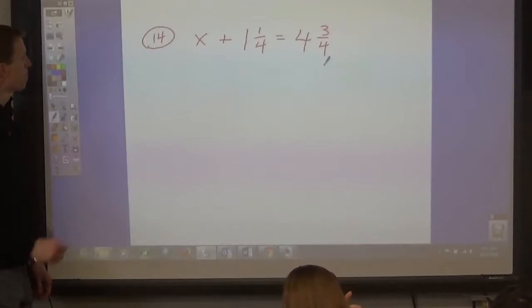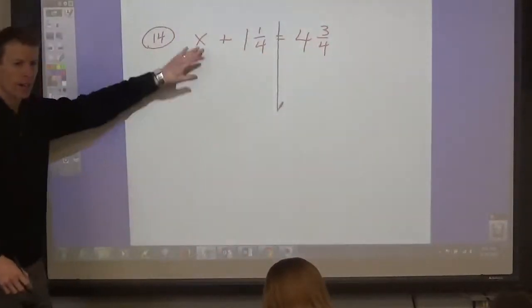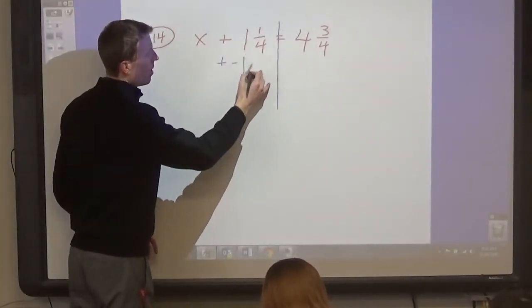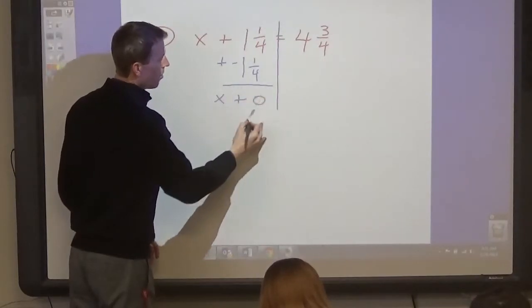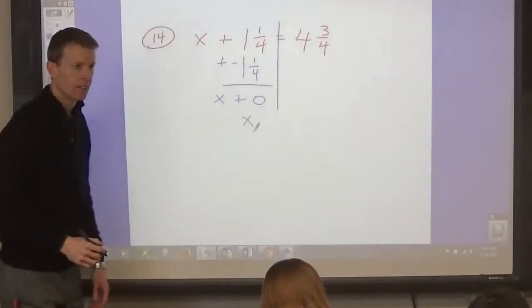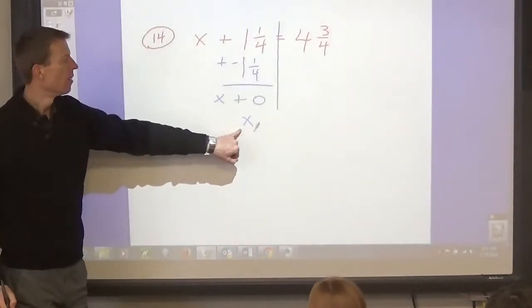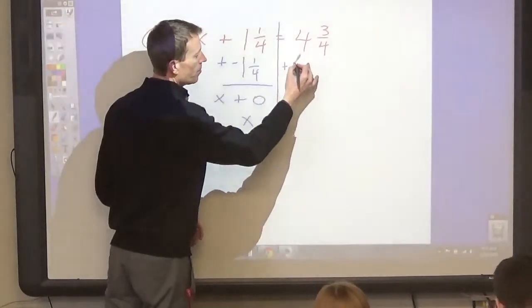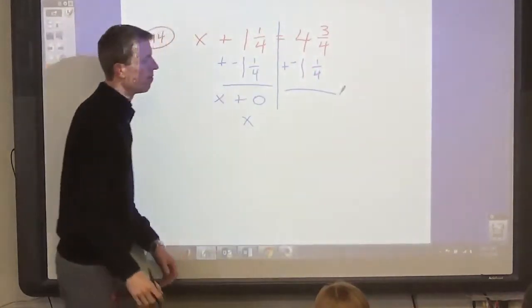Okay. So, draw a line, start on the side with the variable, add negative 1 1/4. So x plus 0, that equals x. Okay, we've got the variable by itself. Now go back and add the same number on the other side. Plus negative 1 1/4.